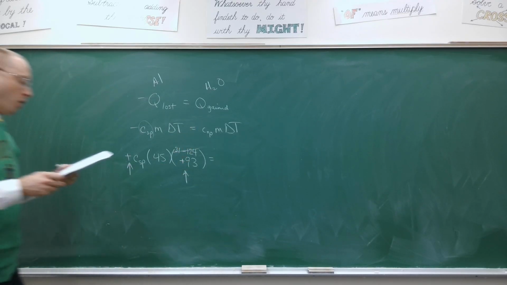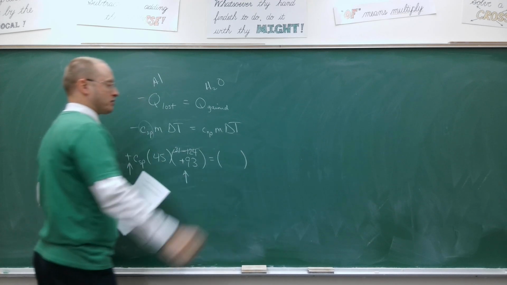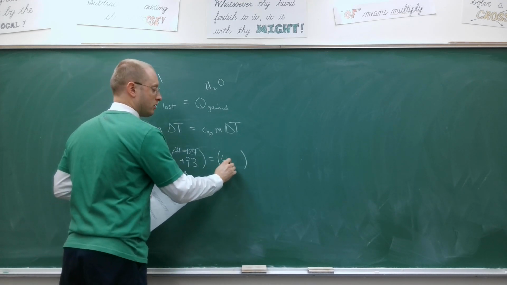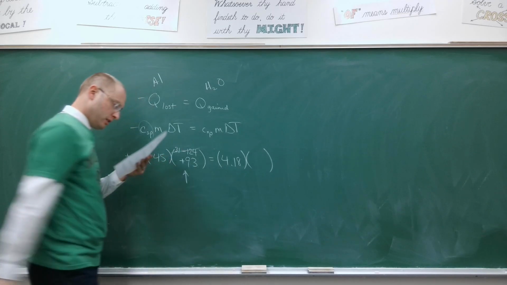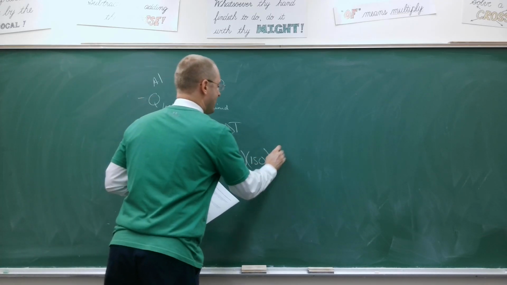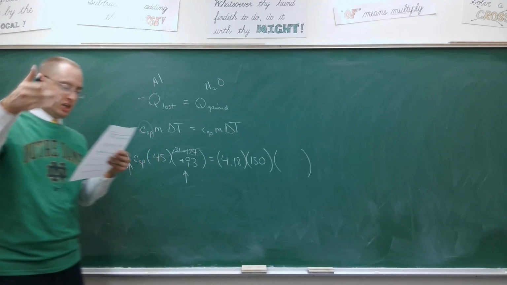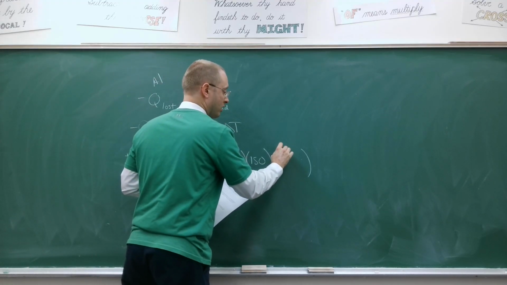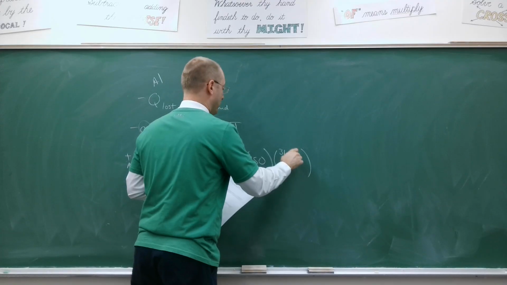On the other side, we got the water, and from the previous problem, we know the specific heat is 4.18. The mass of the water, 150 grams. All right, and then again, its temperature change, still final minus initial. Final is 31. Good, it's final for both, right?